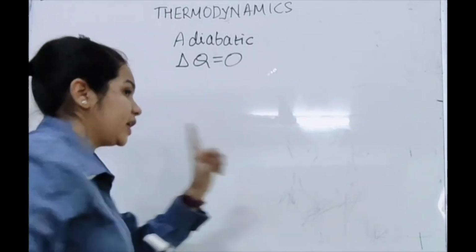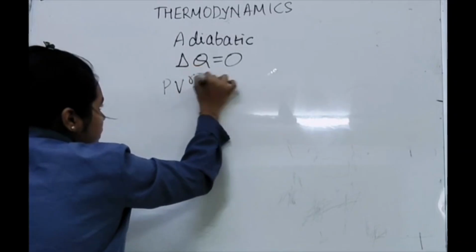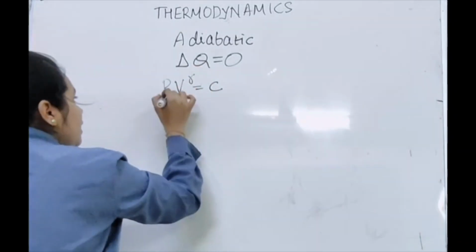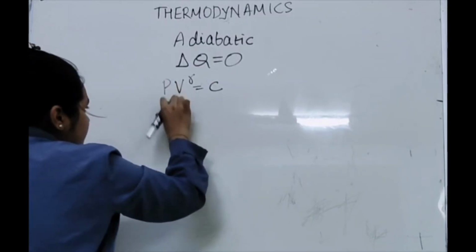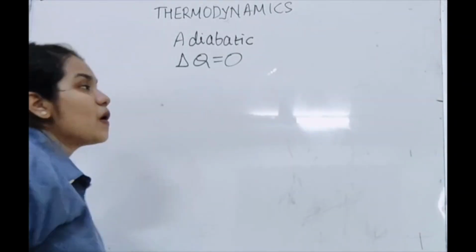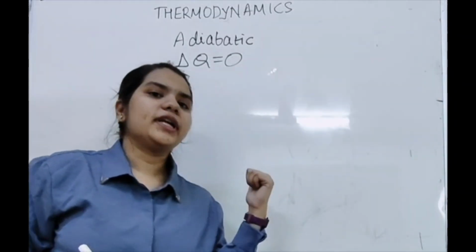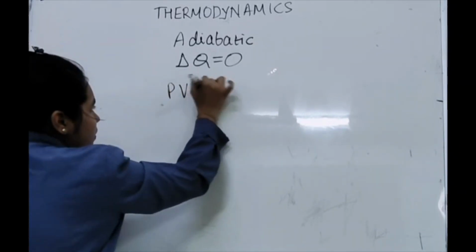Okay, next I'll be giving you important relations. PV gamma equals constant.